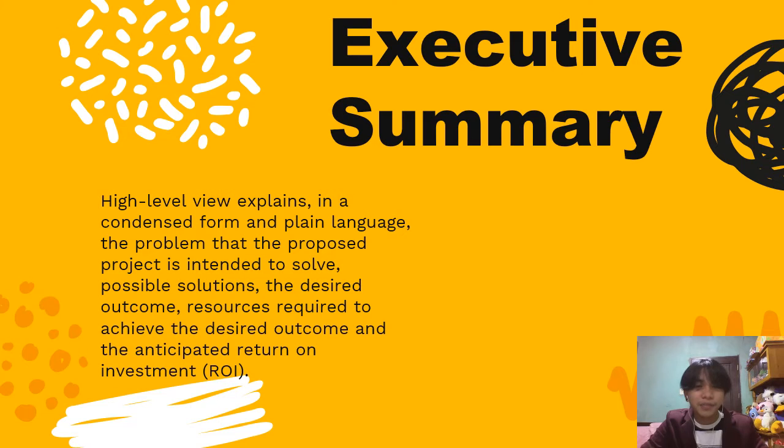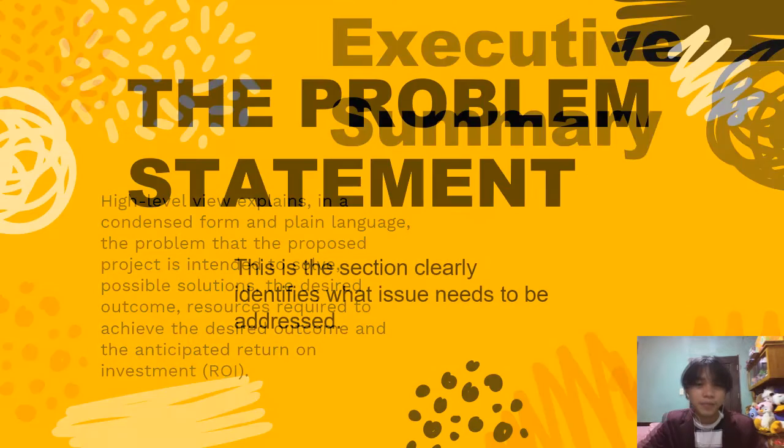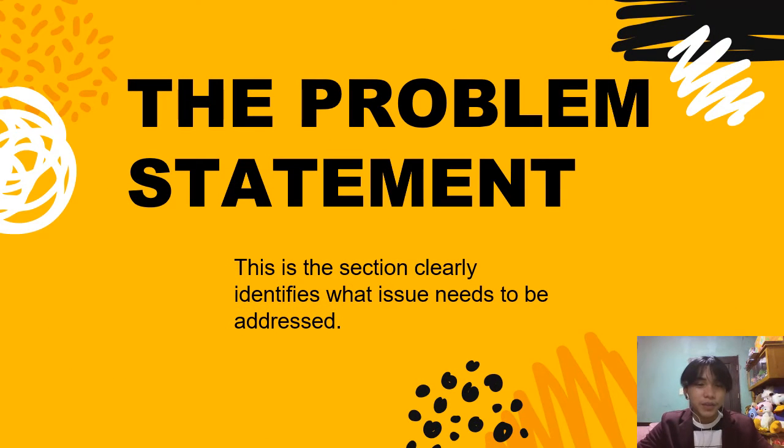Next, we have the problem statement. This is the section that clearly identifies what issue needs to be addressed. If you are wondering how to make a good problem statement, it should describe an undesirable gap between the current state level of performance and the desired future state level of performance.